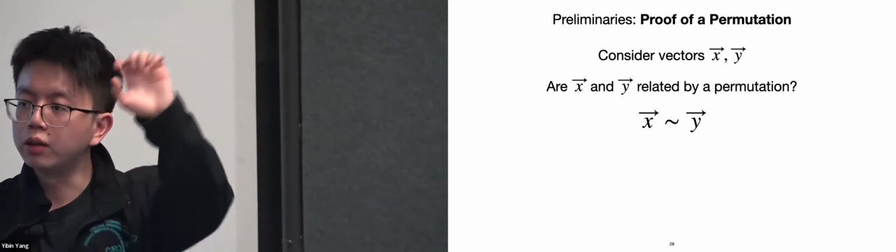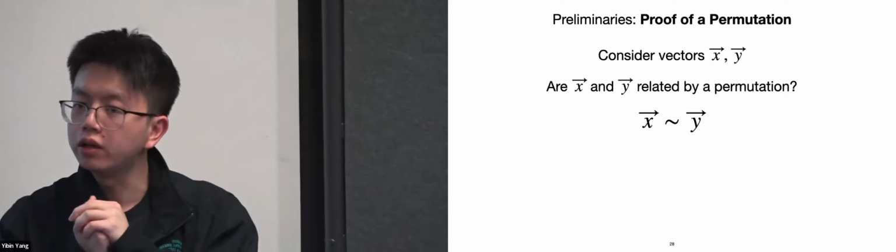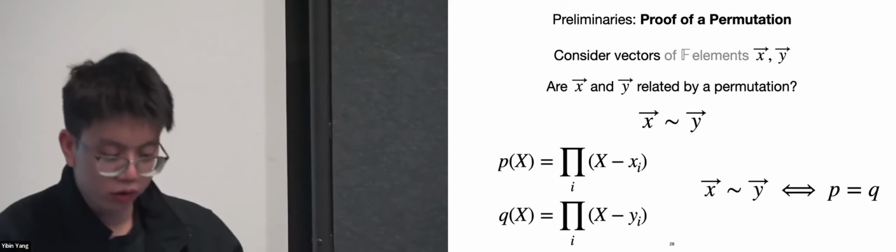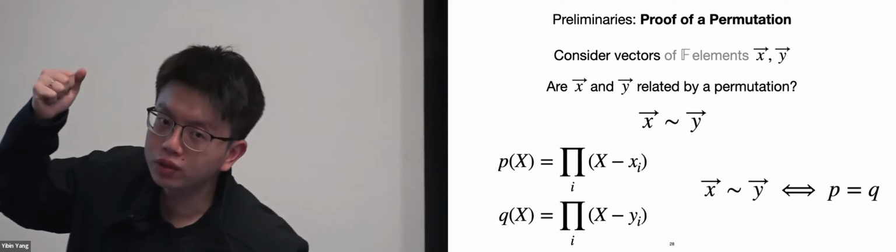And this can be extended into a proof of permutation. Imagine the prover commits to 2 vectors, x and y, and wants to show to the verifier that these 2 vectors are permutations of each other. What you can do is show that these 2 polynomials are the same polynomial, because in some sense, this just means they have the same roots.